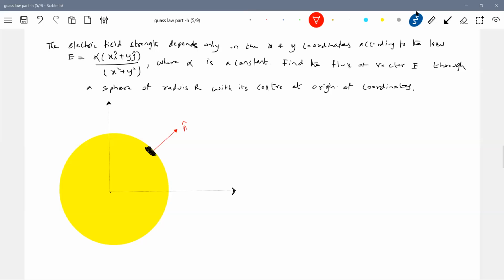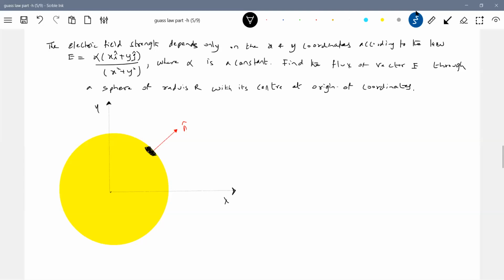What about E bar? First we can define this unit vector. The unit vector should be defined for a space.